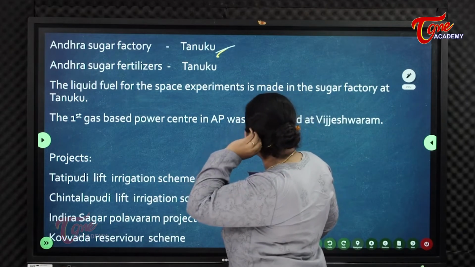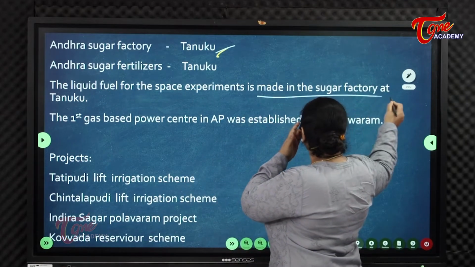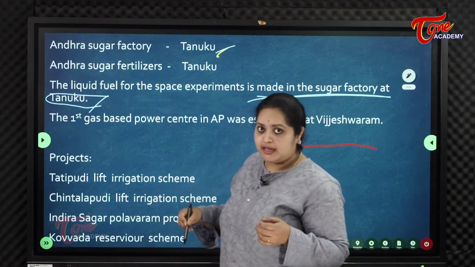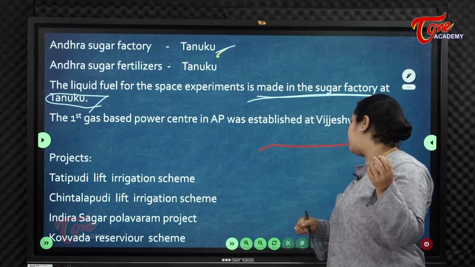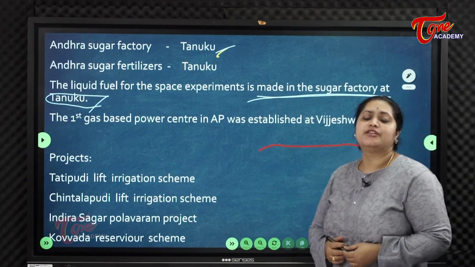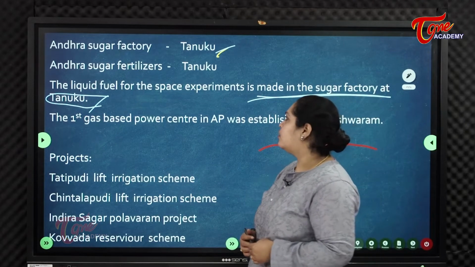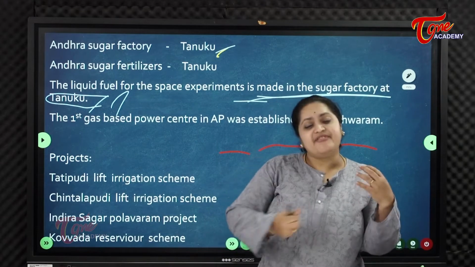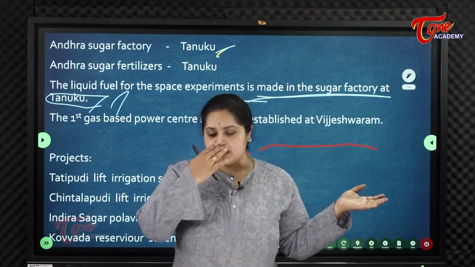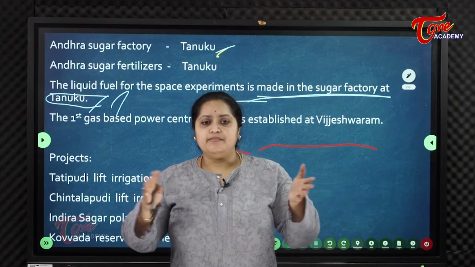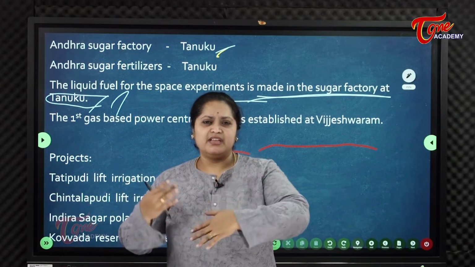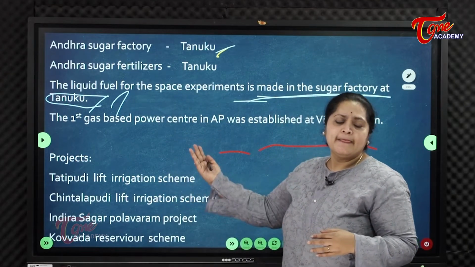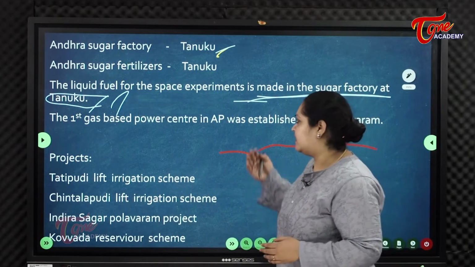Next, the liquid fuel for space experiments, used in rockets, is made in the sugar factory at Tanuku. Once sugar is prepared, the raw material is made into molasses, and after that into liquid fuel used in space experiments in rockets.